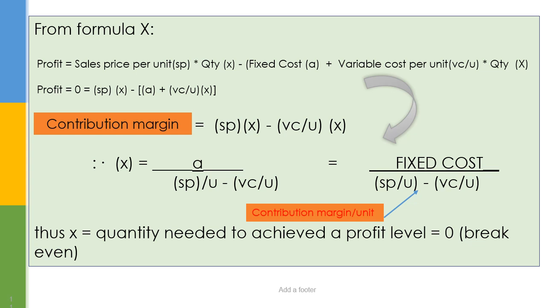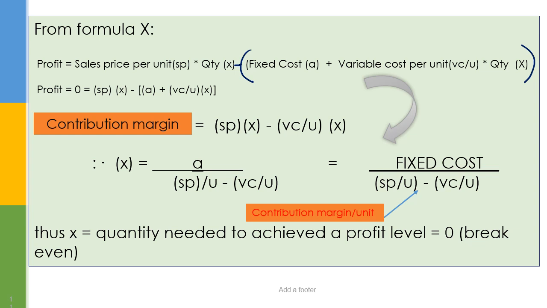Okay, next is from the formula X. From the previous slide, from the formula X, profit is equal to sales price per unit multiplied by quantity, minus the fixed cost and variable cost, minus both of these.